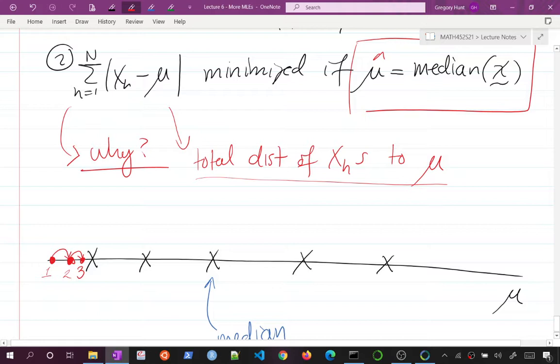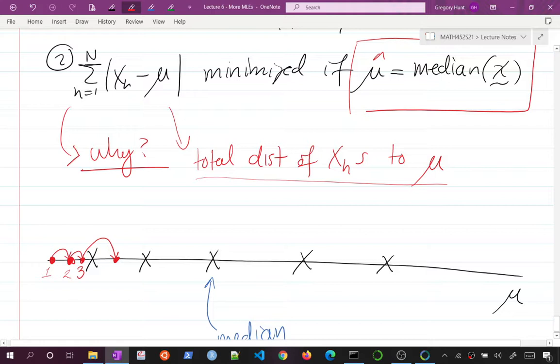And I could play this game, I could even jump through this first x. Because if I move from somewhere on this left side to somewhere on the right side, I will maybe increase the distance of the red dot to this first x by putting it over here. So I've increased the distance to one of the x's, but I've decreased it to 4 other x's.